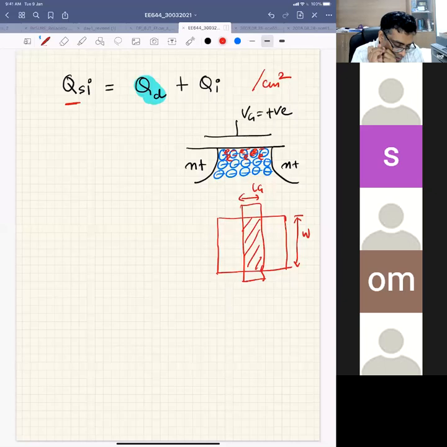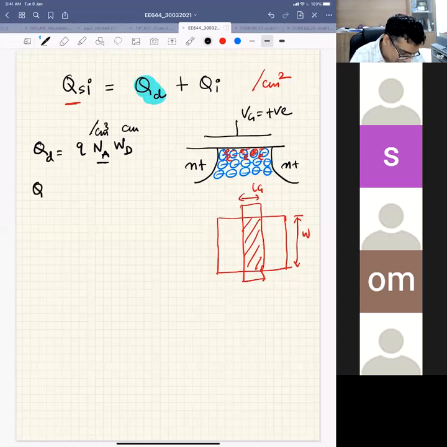This QD is nothing but Q times Na times WD. Na is per centimeter cube and WD is in centimeters, so this will be per centimeter square.